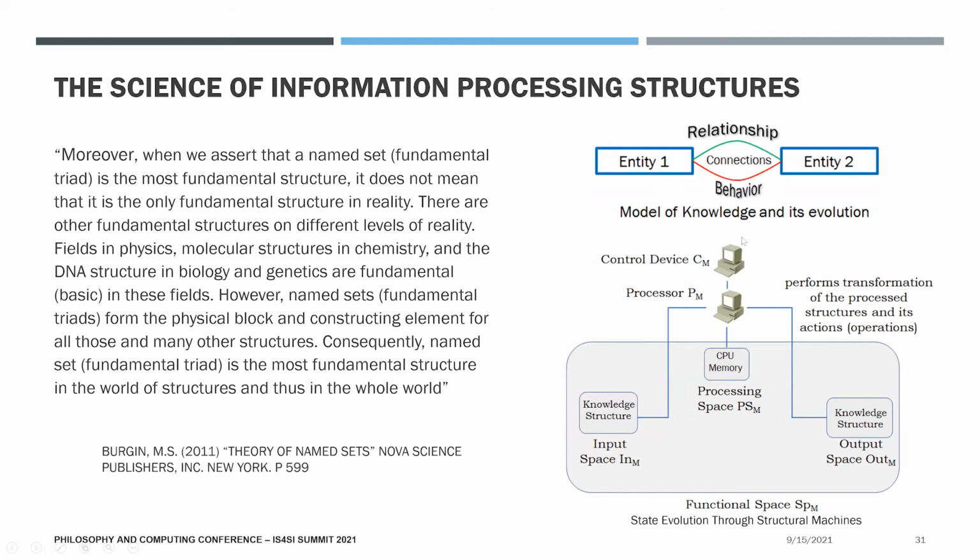So the knowledge structure is an evolution from the data structure, where the relationships, the entities and the behaviors are all captured. And as Mark pointed out, there is a control device, and there is a processor, and there is an input space and an output space. The input space now consists of the knowledge structure instead of the data structure, and the output space is the output of the processing on this knowledge structure.